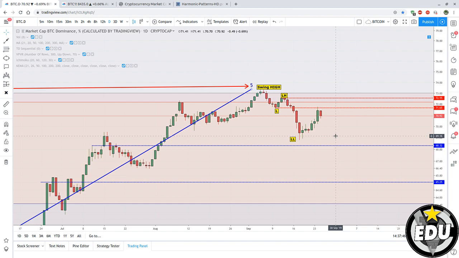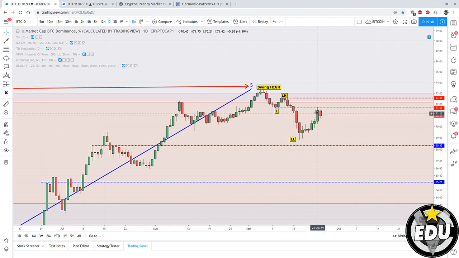It's not directly correlated to Bitcoin and altcoins. I mean, what is Bitcoin dominance? It is how much of the total market cap Bitcoin takes.